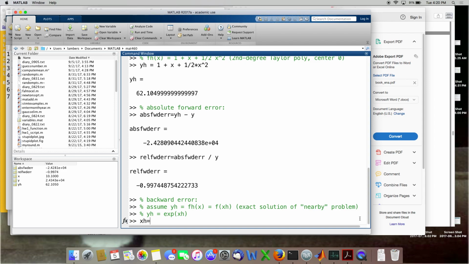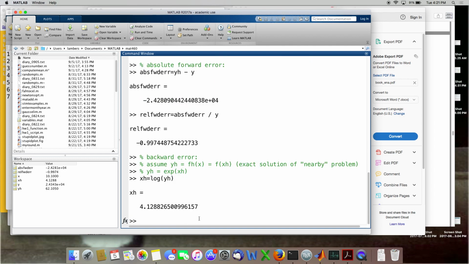So, how can I get x hat in this case? How can I solve for it, given what we have right above? If this applies, how do I get xh? Natural log. Yeah, so natural log of yh.